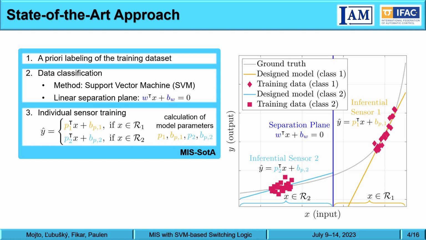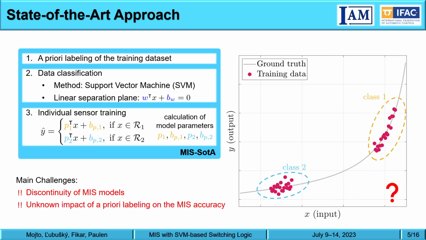Even though this approach seems to be quite sophisticated, there is still space for improvement. In this case, we would like to focus on two challenges. The first one is that the designed models of the inferential sensors are not necessarily continuous, which can be seen in this picture.